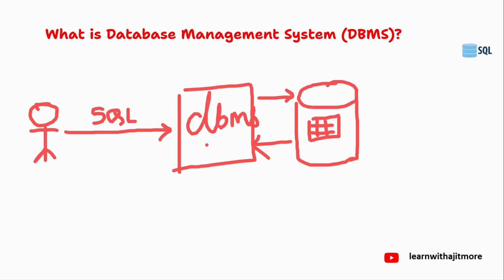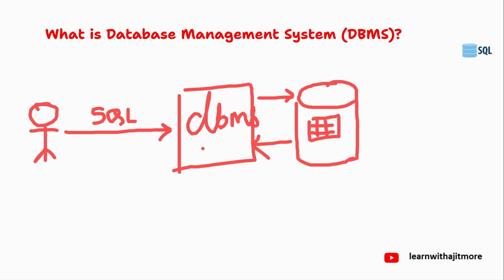But DBMS is saying what? I can do everything for you, but you instruct me. I cannot do it on my own. So how are we going to instruct the DBMS? By giving SQL instructions. DBMS takes the instruction, evaluates that command. If the command is syntactically wrong, it will give you the error also.